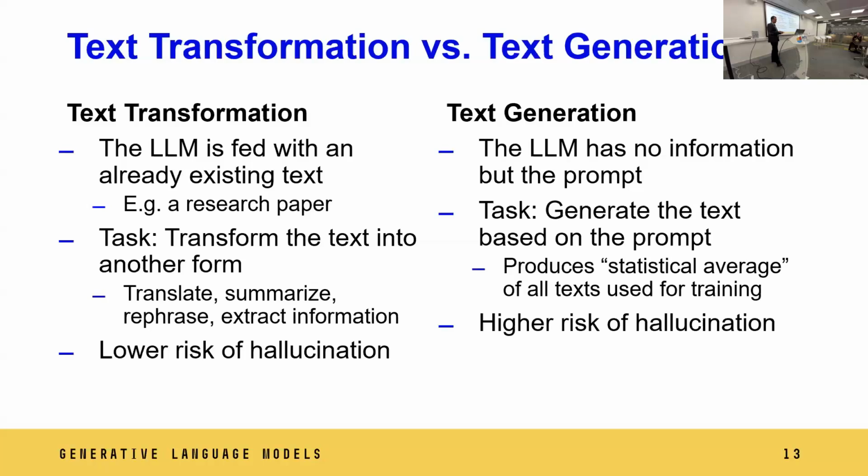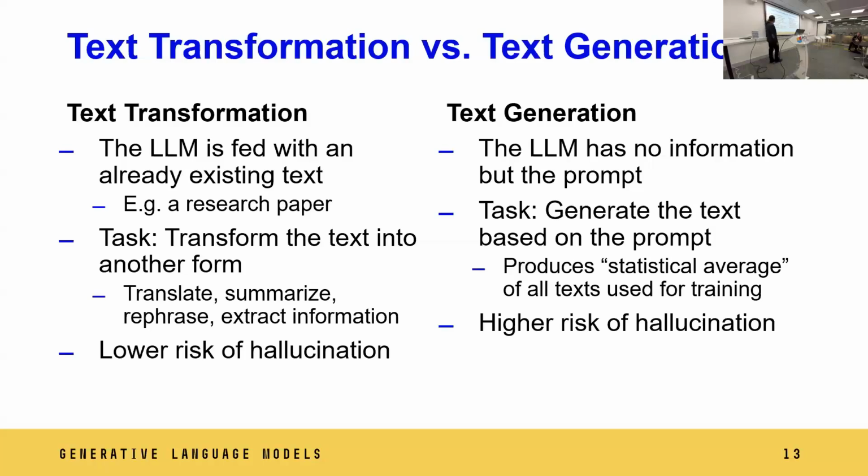I introduced the transformer architecture, which can be used both for transformation, like translation, paraphrasing, summarization, and this stuff, and for text generation. From the point of view of both educational integrity and scientific integrity, when we want to use it to produce content that we are further using in our work, it's important to distinguish whether we are just transforming something that we already have and uploaded to the tool.